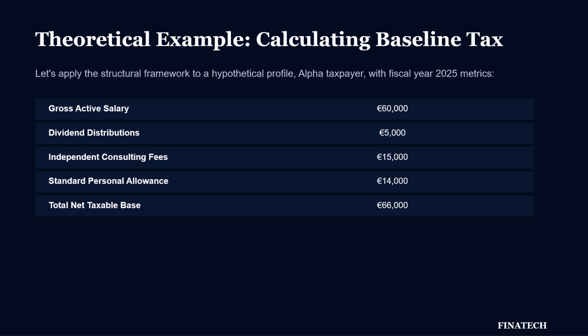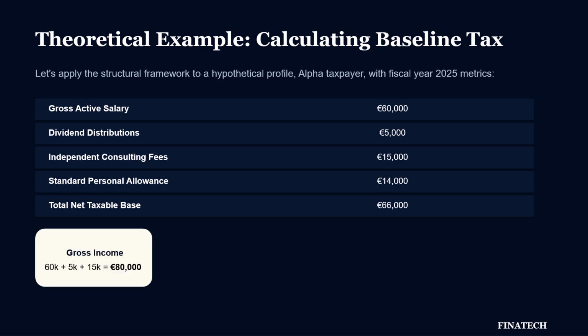Dividend distribution, he gained 5,000. Independent consulting fees, he gained 15,000. Standard personal allowance, he gained 14,000. The total net taxable base is 66,000.